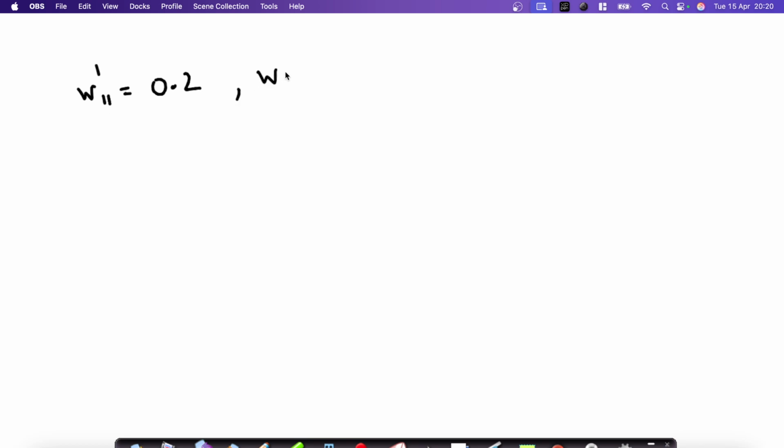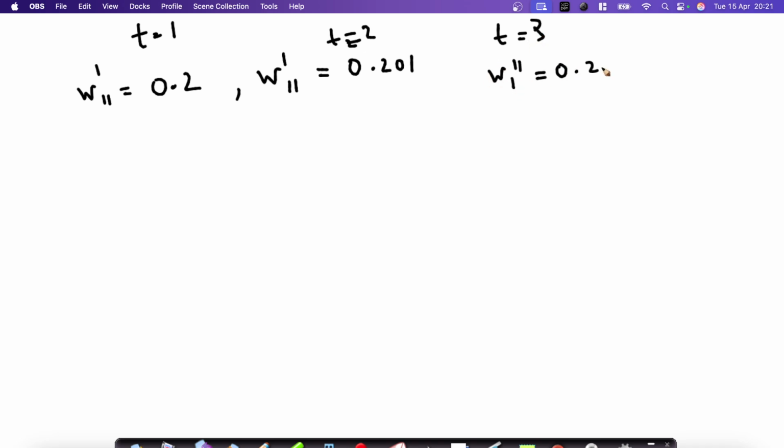The new W will be, let us say, 0.201. Let us say this is timestamp 1, this is timestamp 2. In timestamp 3 we'll have W111 equal to 0.202. So very little change, and the convergence will take so much time. This is called the vanishing gradient problem.